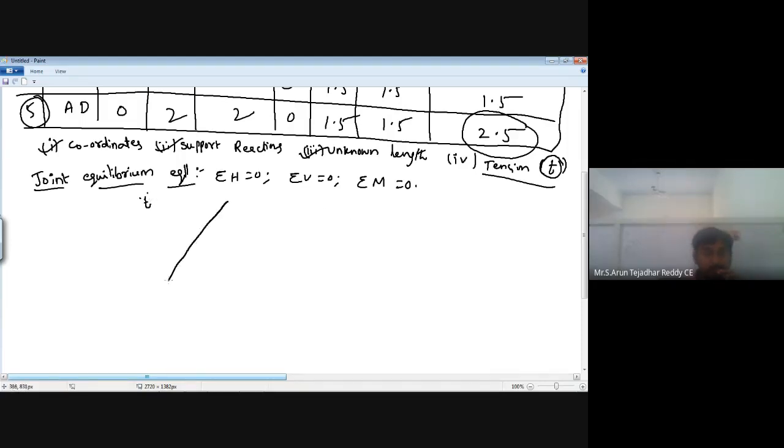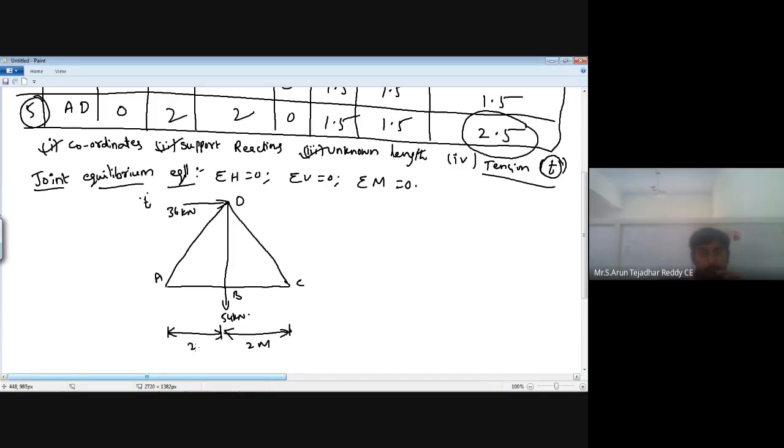This is our given diagram. Force acting is 36 kilonewton. A, B, C, D. Here it is 54 kilonewton. From here to here it is 2 meter, 2 meter.